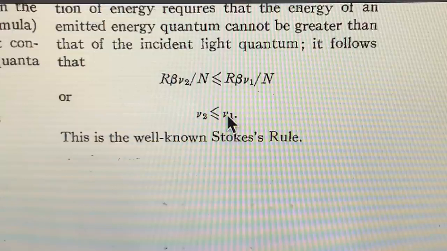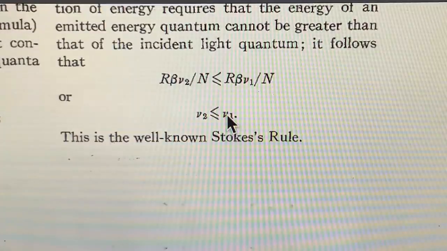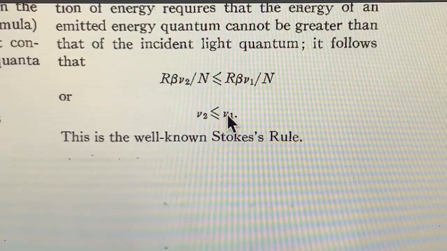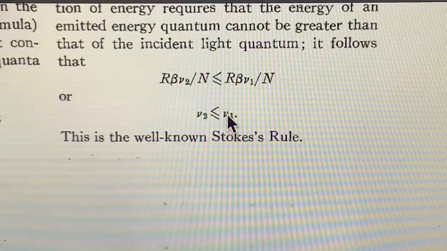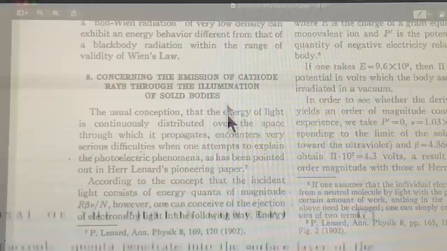You cannot create more energy unless that material itself is creating energy. So if a quantum of h nu1 goes in and a quantum of h nu2 comes out, h nu2 must be smaller than or equal to it. So the well-known Stokes' law is okay with our theory; we can understand it with our theory of photons.